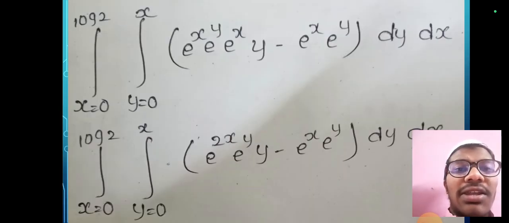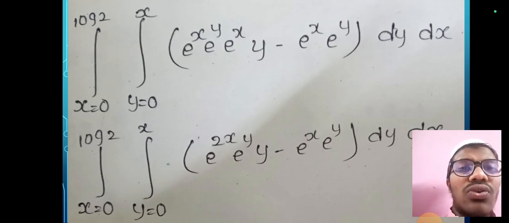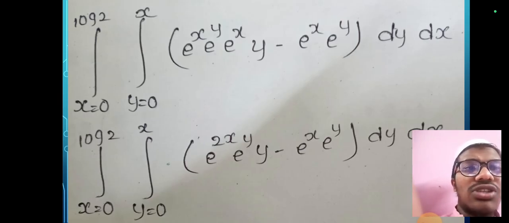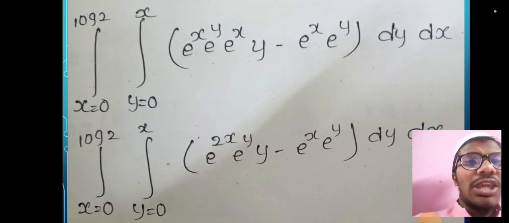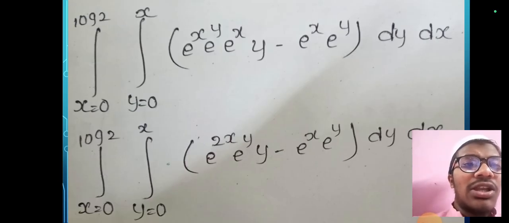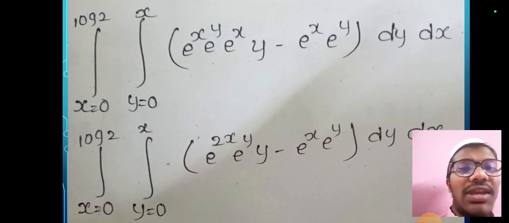And we get e power x, e power y, e power x into y minus e power x into e power y dy dx.